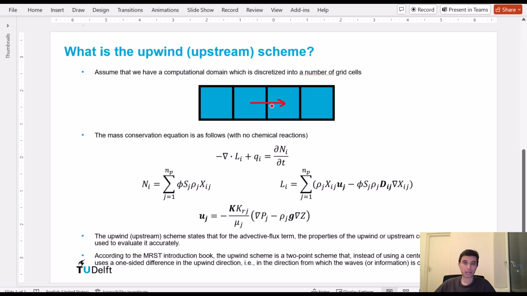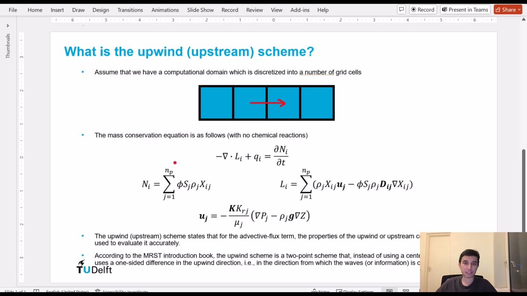In order to do that, we use the Upwind scheme, which means that we use the information of the cell from which the component is coming. All right? The upstream scheme or the Upwind scheme. We use the information of the upstream cell. We use the information of the upwind cell, or the cell from which the information is coming. The wave is coming.